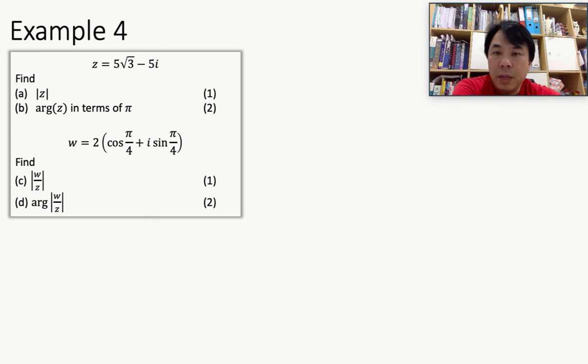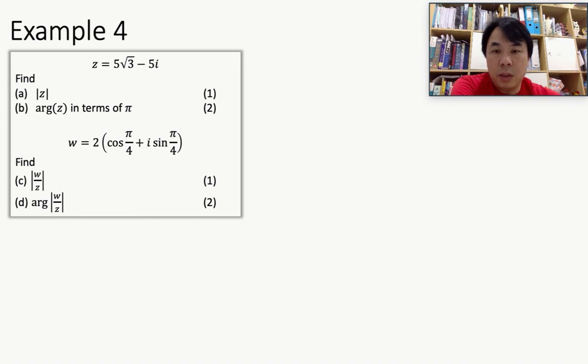And then B, we're going to work out the argument in terms of pi. All right, now that is the first section. In the second section, we are given a different complex number in its modulus argument form instead. And then we are going to manipulate the division between these two complex numbers.